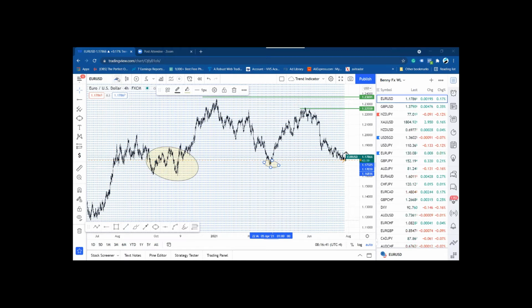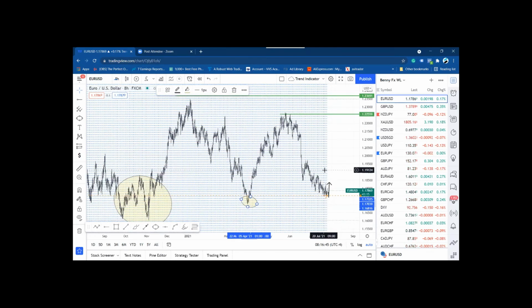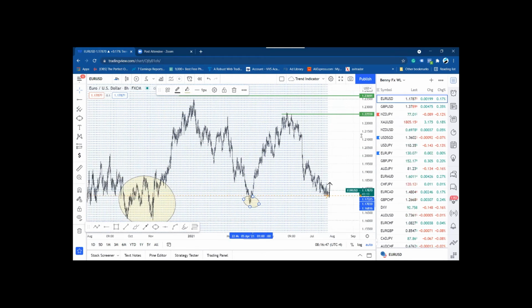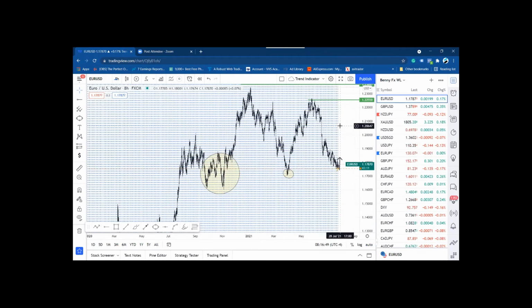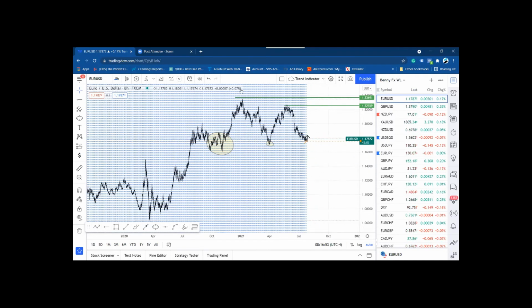This is 4 hour. So if we take 8 hours. So if this is the low that they are looking at, let's say if this is the low that market is looking at, it means the price likes to come back down.